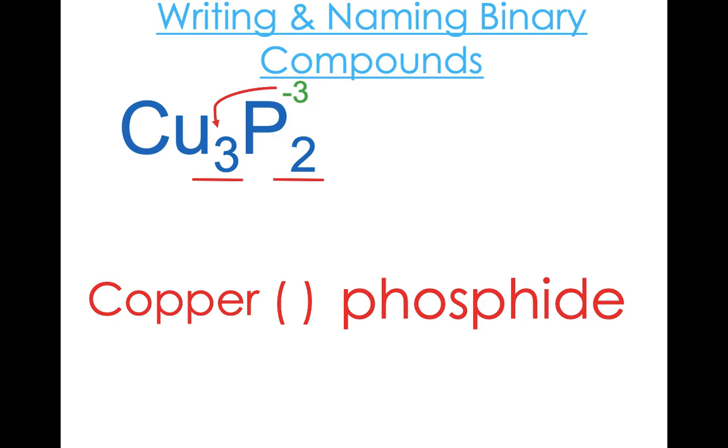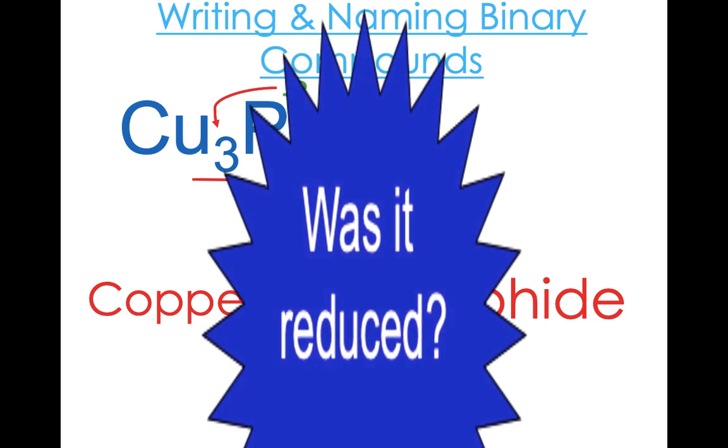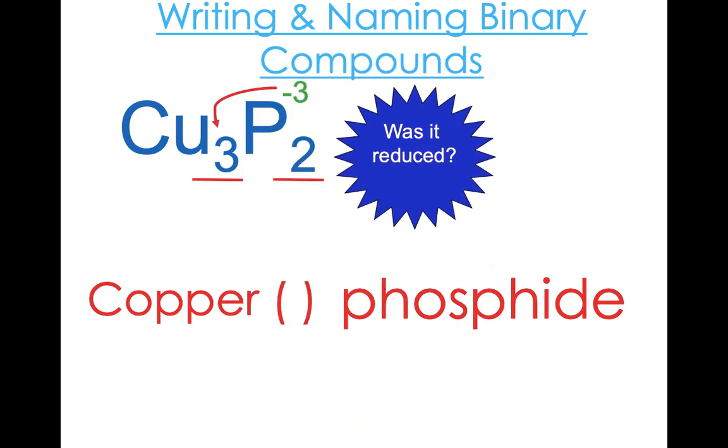And I do see a 3. You can even look that up on your charts, or you know it's in group 15, it has 5 valence, it gains 3, which is a -3.